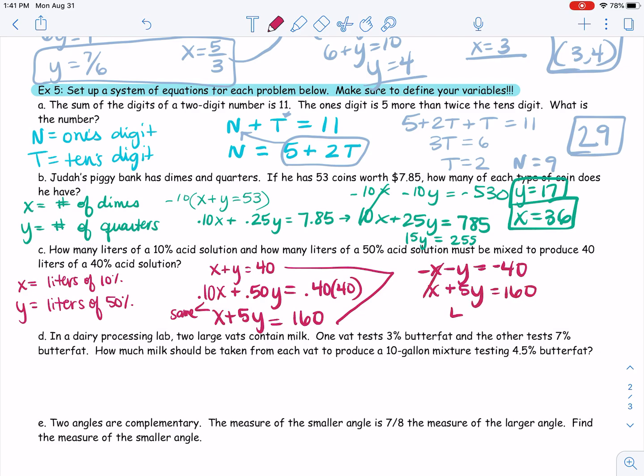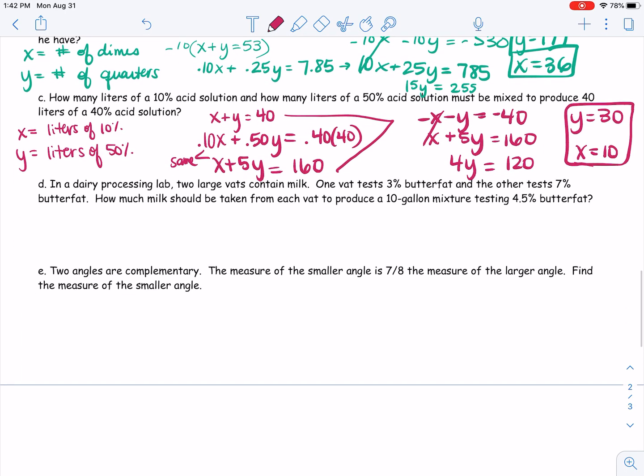So that's going to be 4y equals 120, which means y is 30. And so if y is 30, then x has to be 10, because x plus y is equal to 40. How many liters of 10%? That would be 10. How many liters of the 50%? That would be 30.